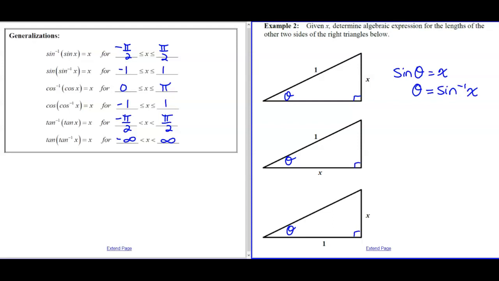A squared plus B squared equals C squared. So this is a leg: hypotenuse squared minus the other leg squared, square root.